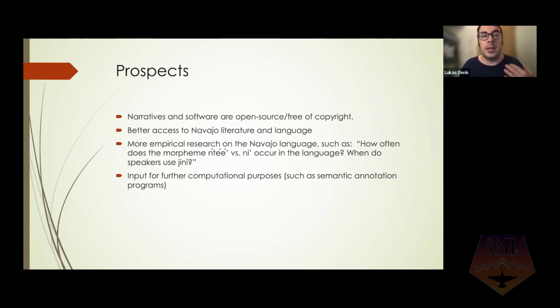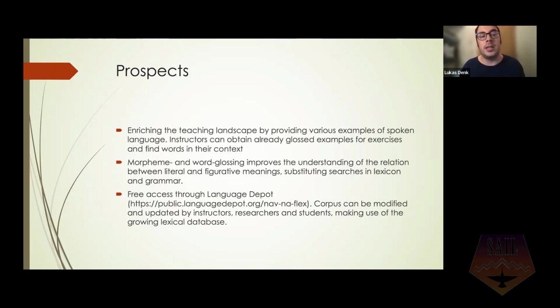And then there are educational advantages. So one can just use the corpus to build examples, to search for one specific morpheme or in which other words this morpheme can occur, right? So it should also be a benefit for teachers, because they can look for the literal translation or the more figurative translation.